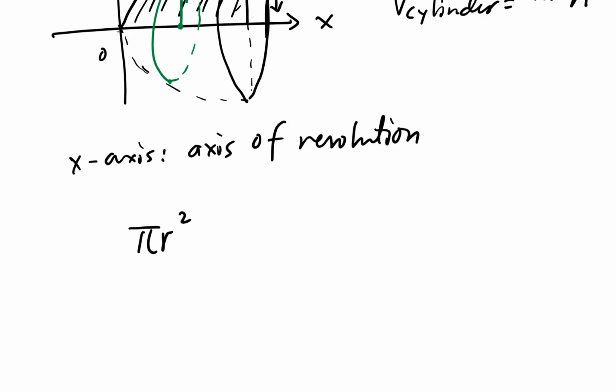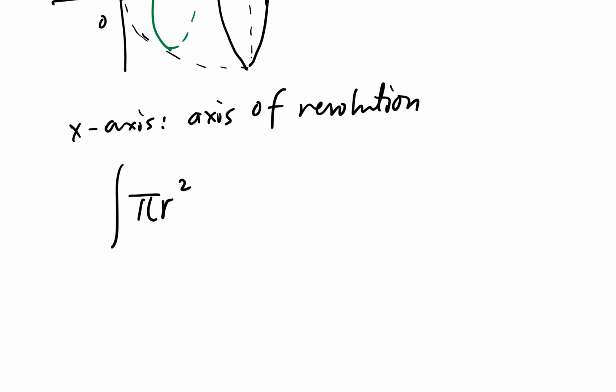It's going to be the integral from, in general, a to b for the volume. Let's say I'm doing dx, because I'm slicing along the x-axis. This reminds me of the volume of the cylinder, pi r squared times the height. The height is the dx.